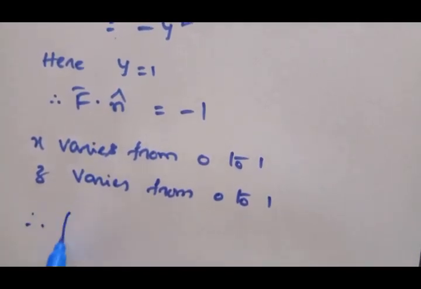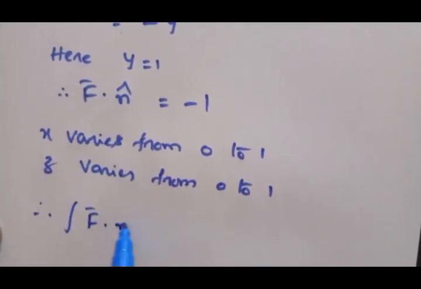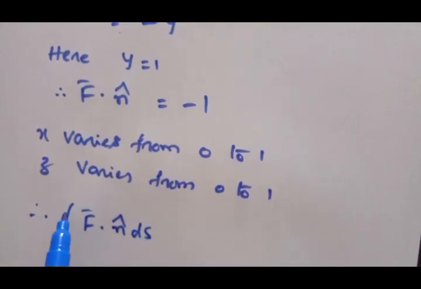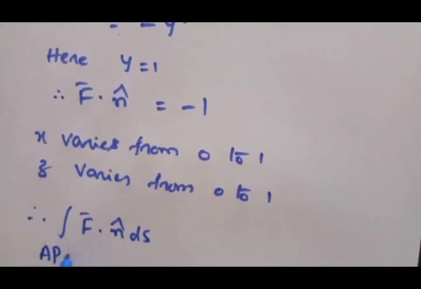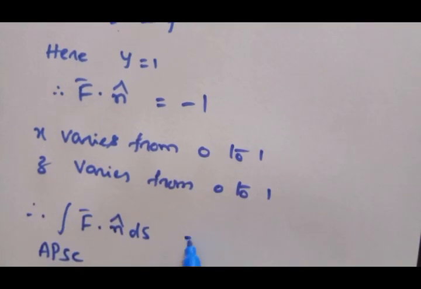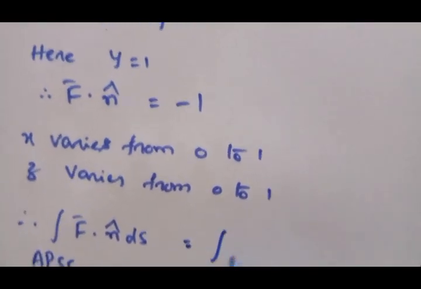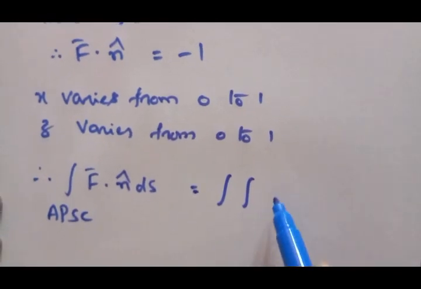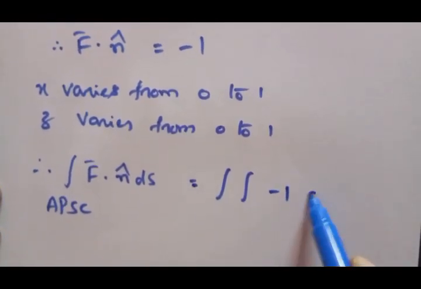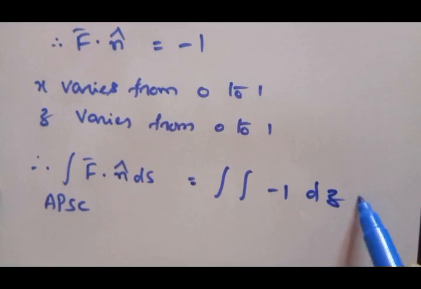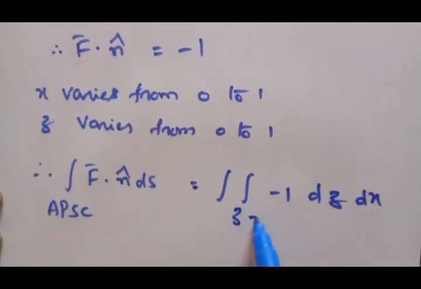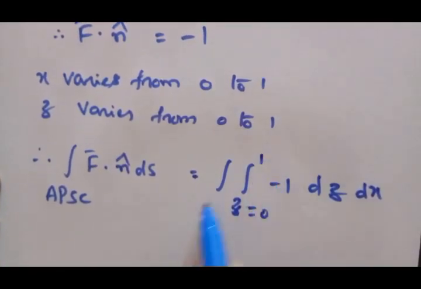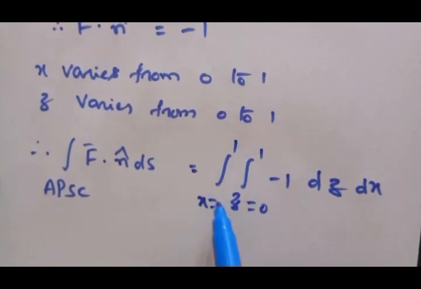Therefore the integral of f bar dot n cap ds along APSC is equal to the double integral of minus 1 dz dx, z varies from 0 to 1, x varies from 0 to 1.